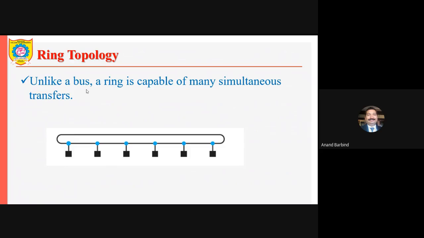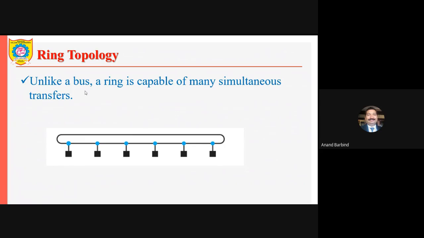At a given time, there can be only one processor using that bus, and the other processors will wait for the processor using the bus to finish its communication, and then the next processor comes in. So that is the simplest topology.